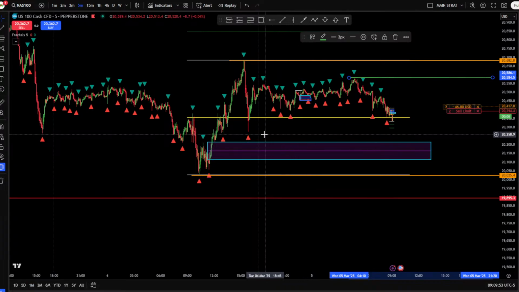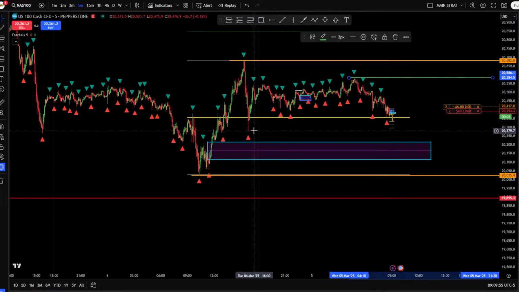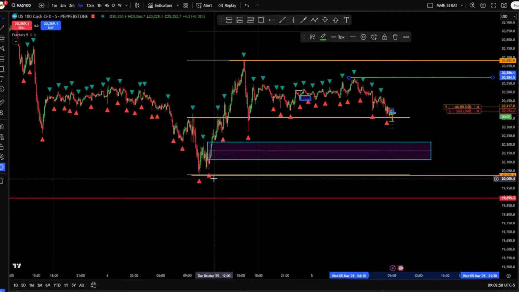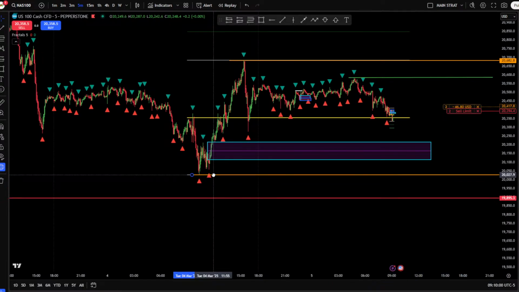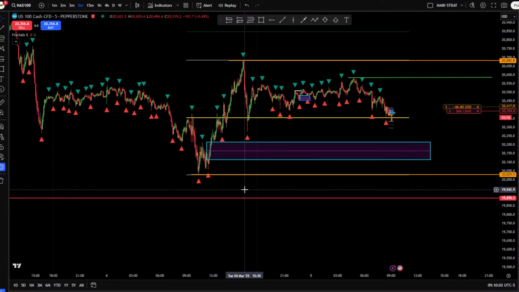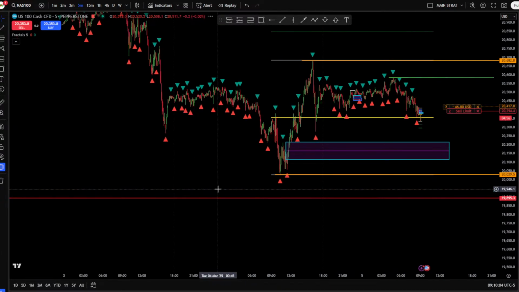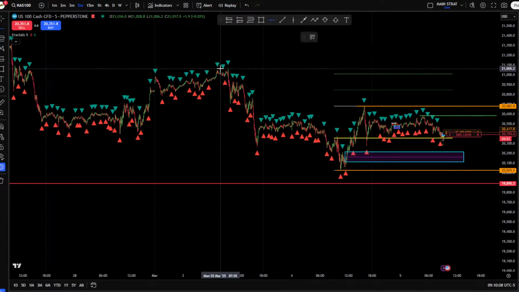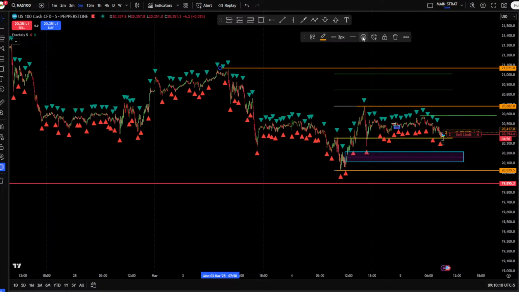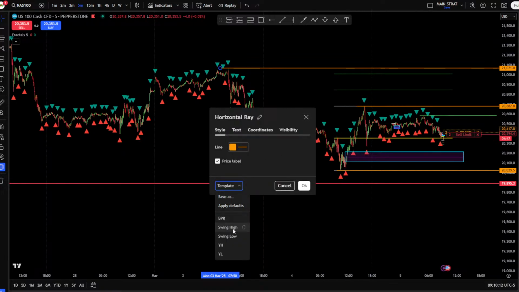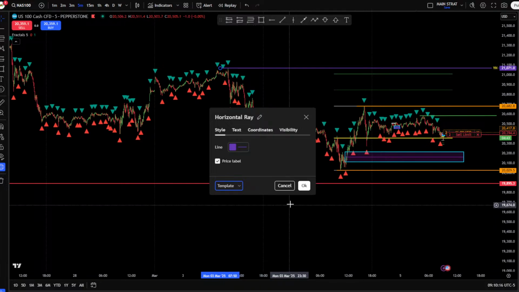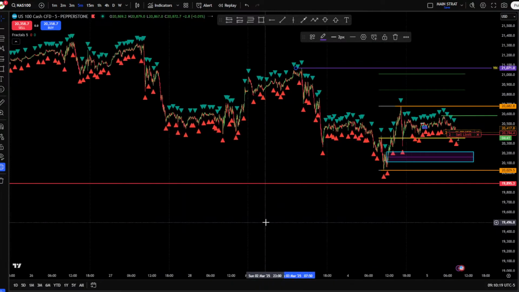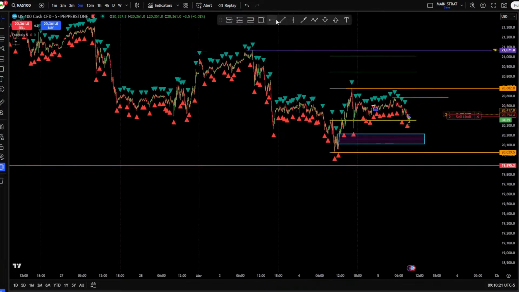Then we got a couple levels down here for sell side. And then we got yesterday's high, which would be up here, and yesterday's low, which would be down here.